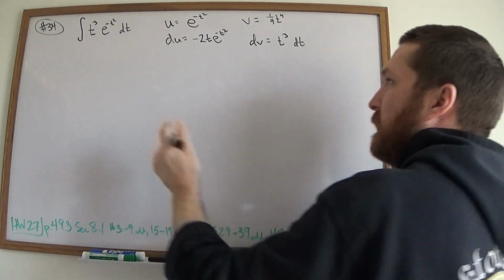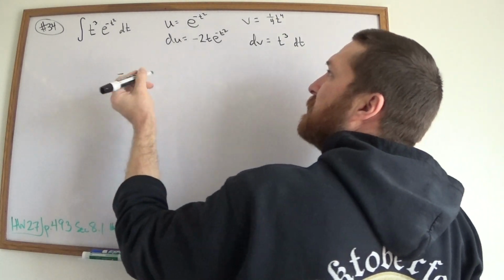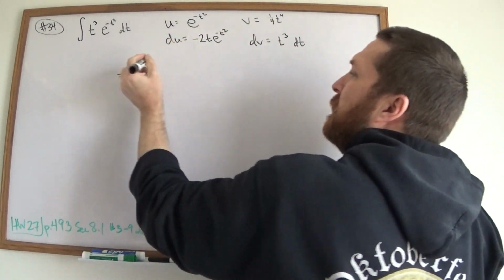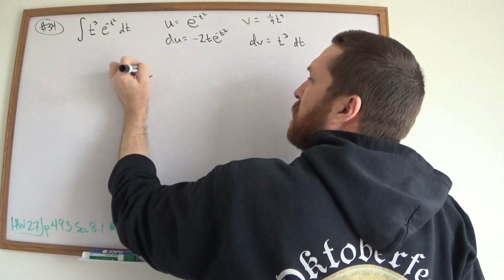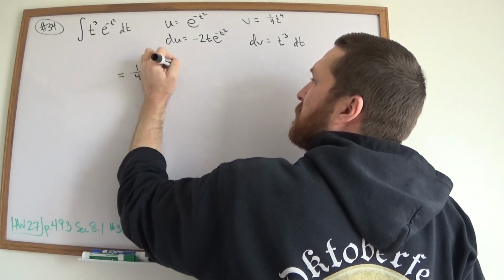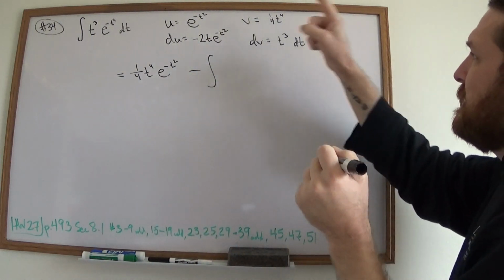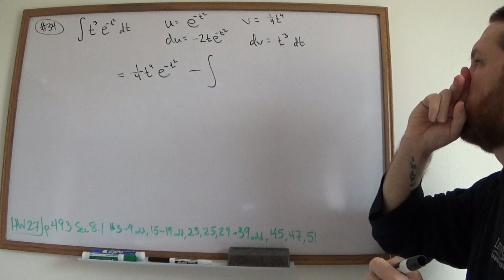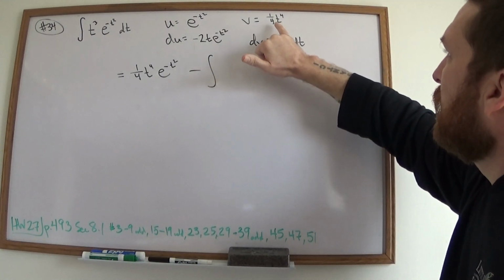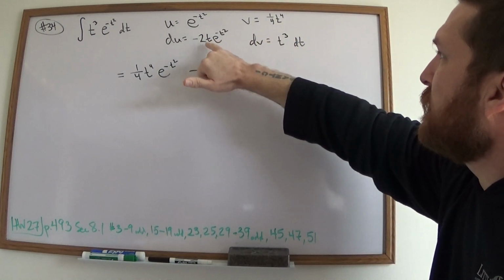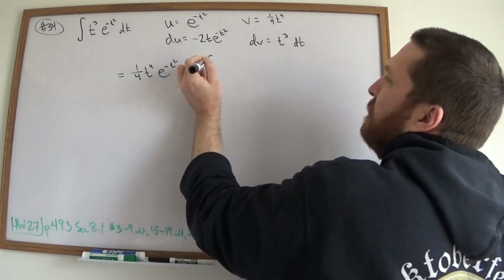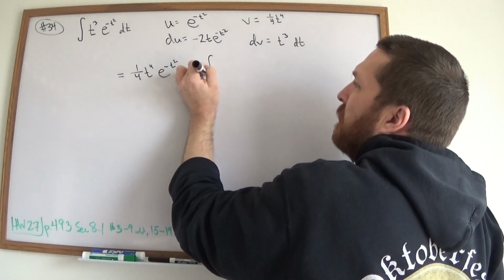So this is uv minus the integral of v du. uv, that's a quarter t to the 4th e to the minus t squared minus the integral of v du. Okay, so let's see. The quarter and the 2 come out to a half, so I'm going to just bring that out front.